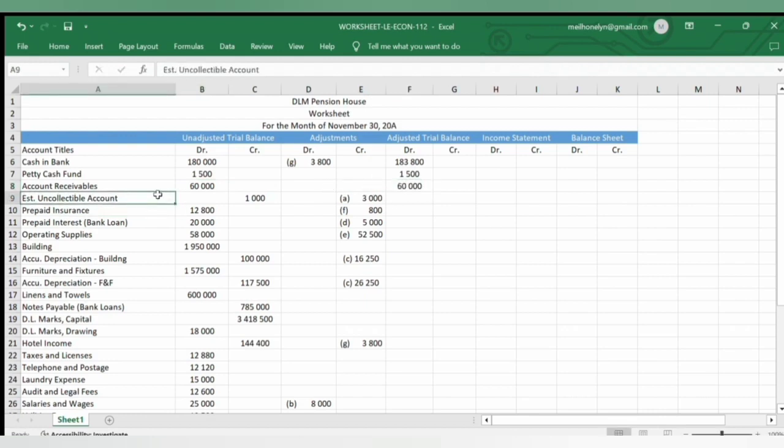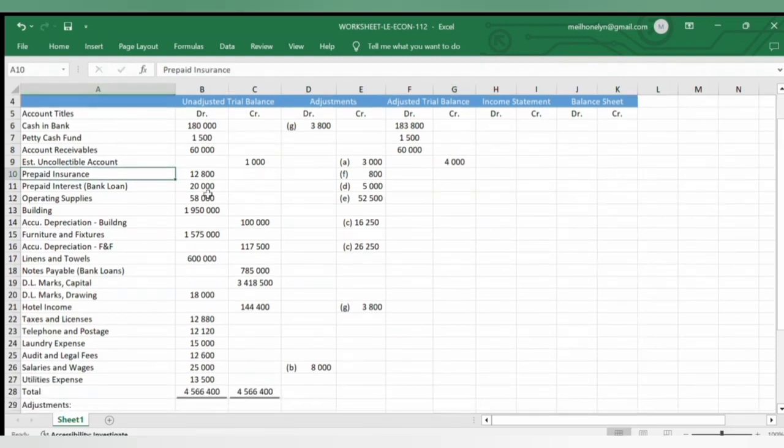Next is the estimated uncollectible account. Since both entries are credit, we add them together and plot the total on the credit side of the adjusted trial balance. So 1,000 plus 3,000 is 4,000. Next is the prepaid insurance.